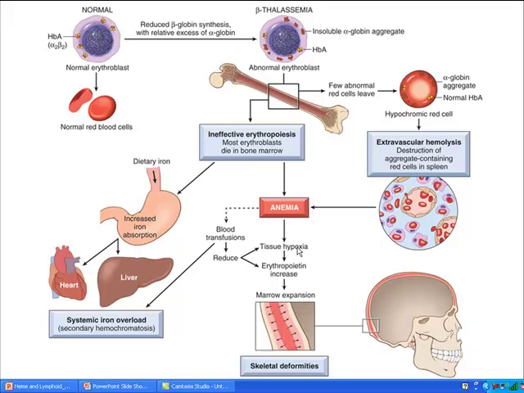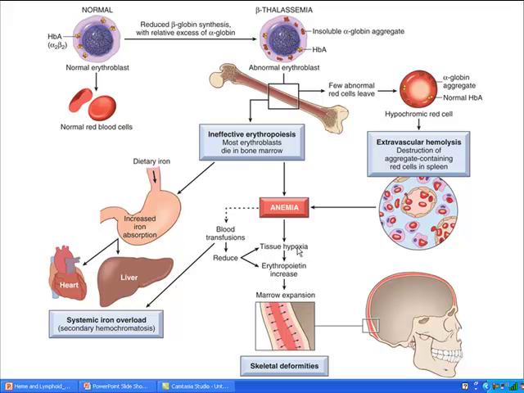With tissue hypoxia, there is going to be an increased production of erythropoietin, which is the hormone that regulates the red blood cell production. And when that happens, there's going to be hyperplasia of these erythroid progenitors.